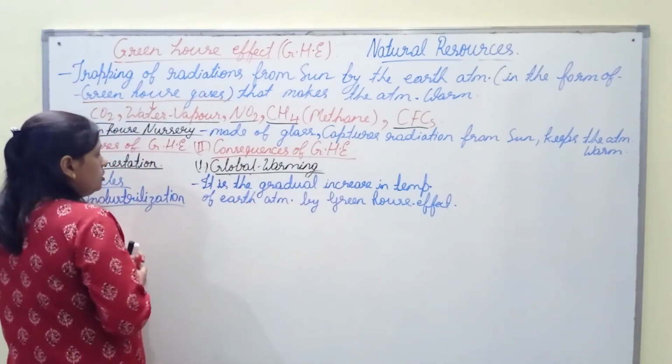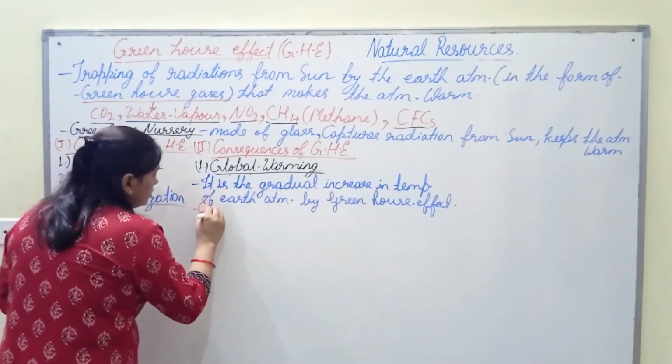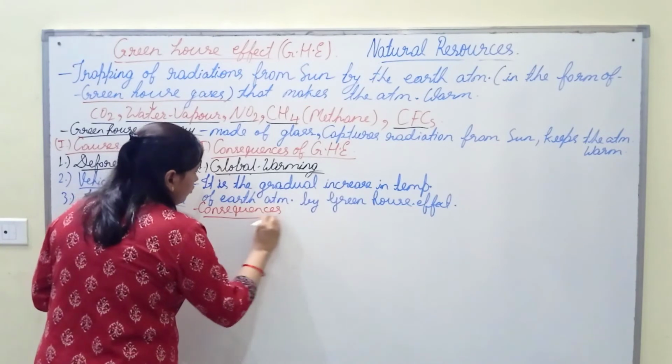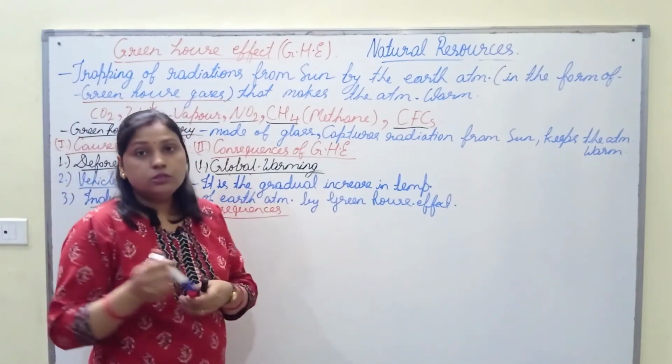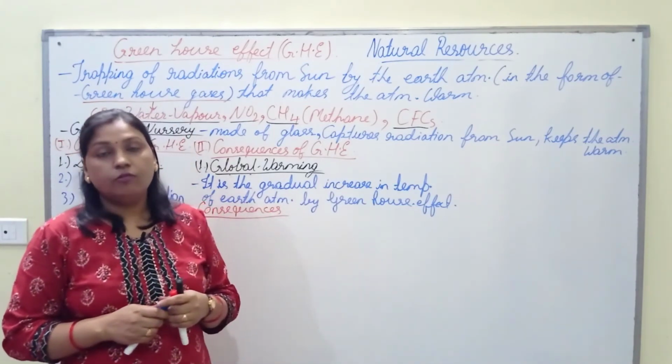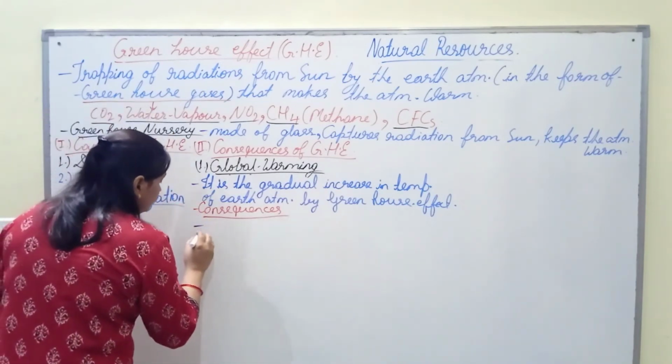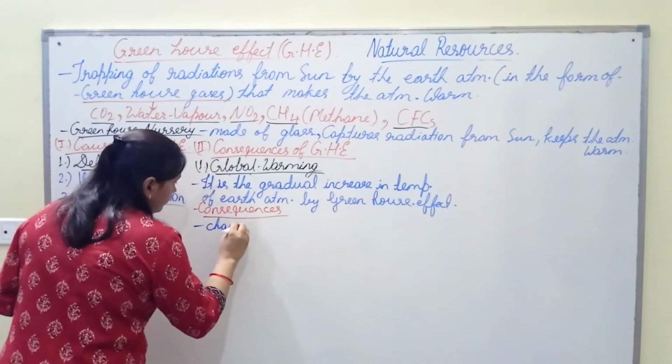Now let us see what are the different consequences of global warming. So this global warming can affect the climatic conditions or weather changes.